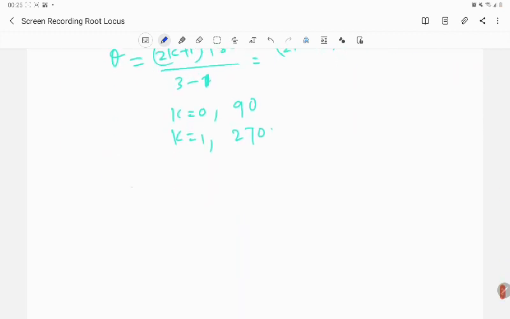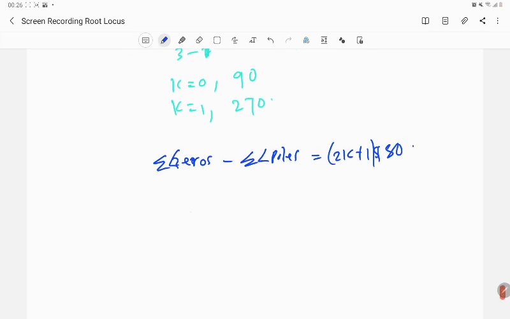So to write it in the form we have, the summation of the angles of zeros minus the summation of the angles of poles should be equal to an odd multiple of 180. We will just select 180. The zero angle was what?